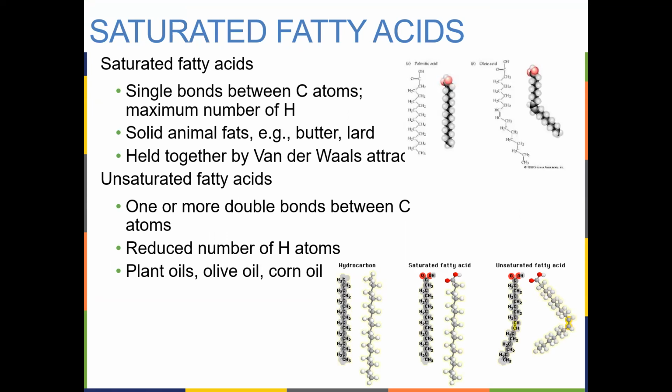Saturated fatty acids are solid at room temperature thanks to van der Waals attraction. Remember, van der Waals was that fourth type of chemical bond. It has 1/100th the strength of a hydrogen bond. It occurs when electrons moving in orbit around their nucleus of various molecules randomly group together on one side of the molecule or another and create a very slight positive or negative charge on that side of the molecule.